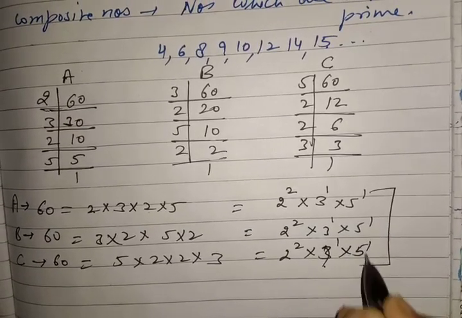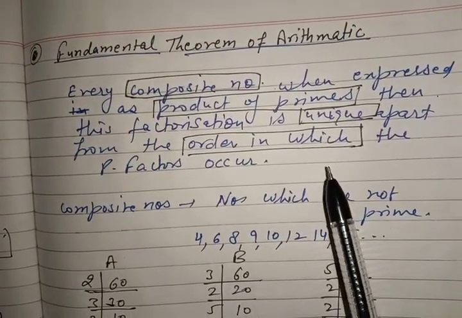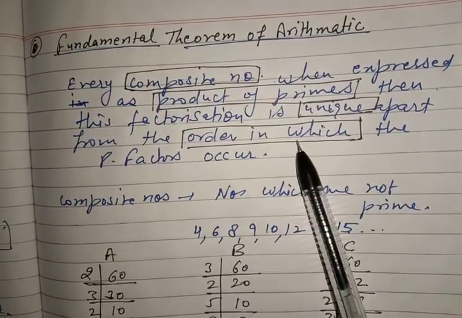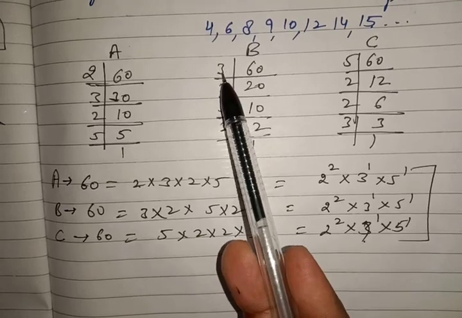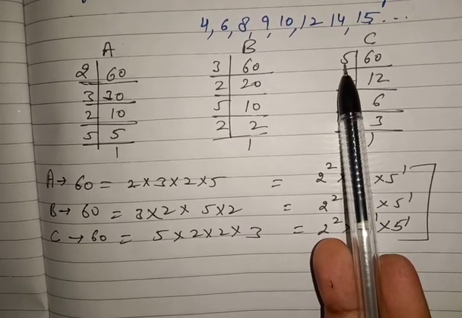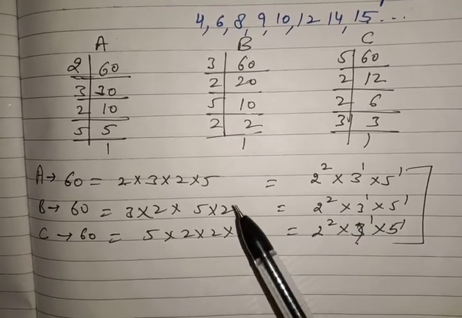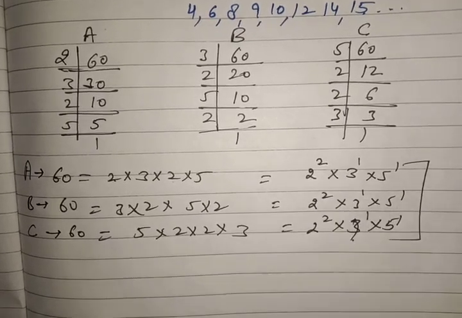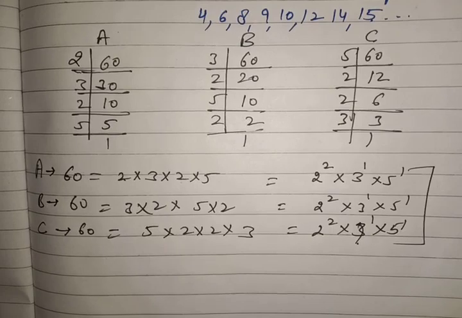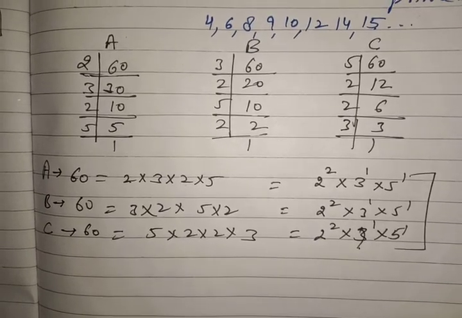Unique. This is the meaning of unique. Apart from order in which factors occur. Order is different. This student starts with 2, this student starts with 3, this student starts with 5. Order is different, but factorization is unique. This is the meaning of fundamental theorem of arithmetic, and it can be asked in exam.